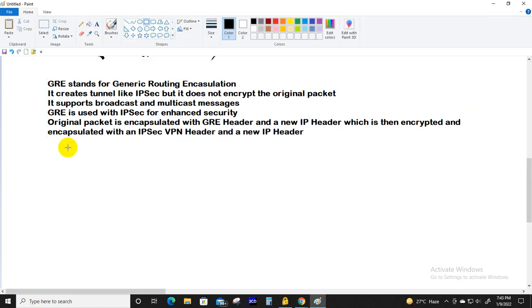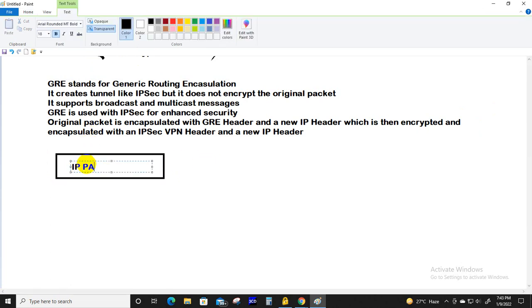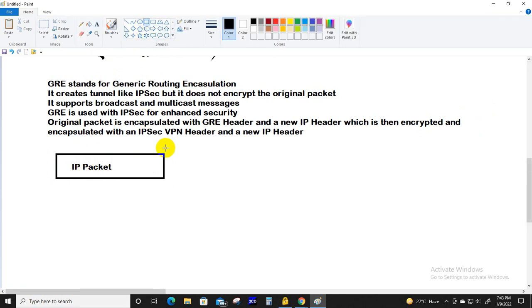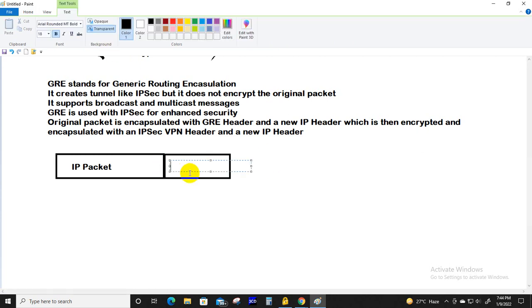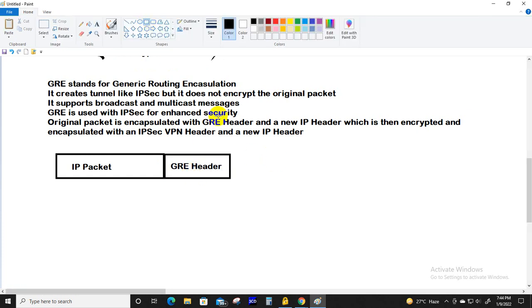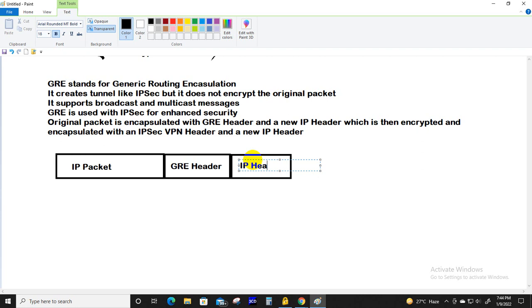That means this is your original IP packet. This is the GRE header. This is the IP header.